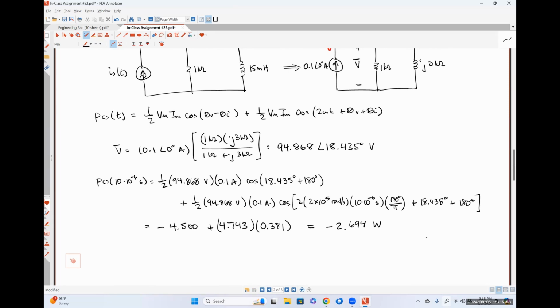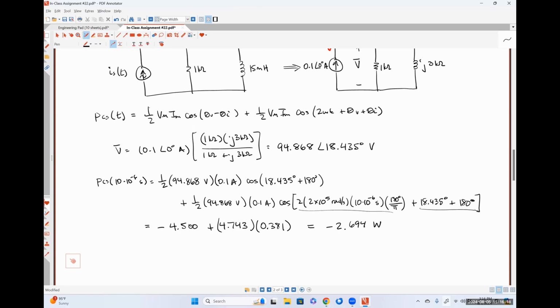Because we were given a time to evaluate this at, we ran the risk in our calculations of having an angle that was in radians on this side and an angle that was in degrees on the right-hand side. And we just need to make sure that all of our angles are of the same unit.